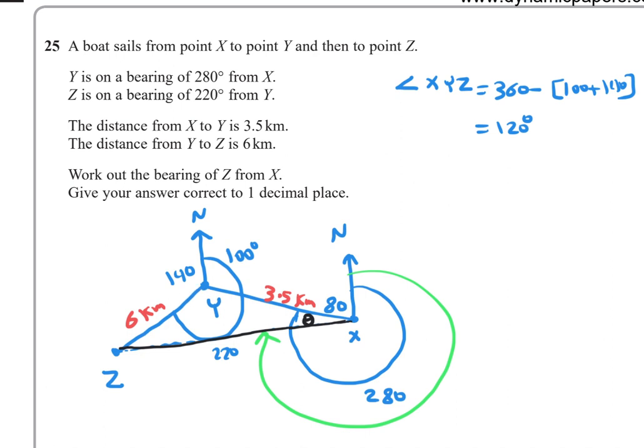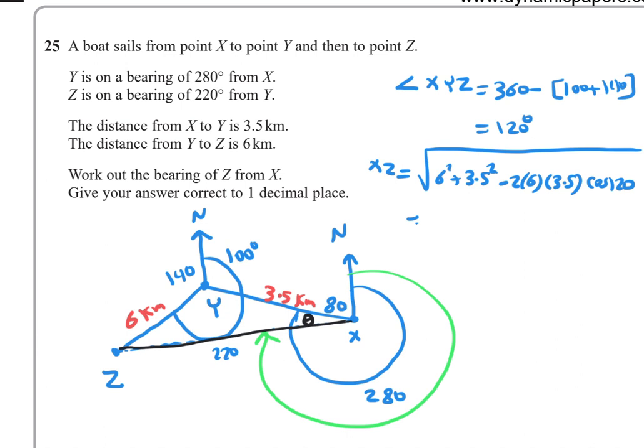Now in this triangle, this angle is 120, this side is 6 kilometers and this side is 3.5, so we can find ZX using the cosine rule. XZ equals the square root of 6 squared plus 3.5 squared minus 2 times 6 times 3.5 cosine 120, which equals 8.32 to 3 significant figures.